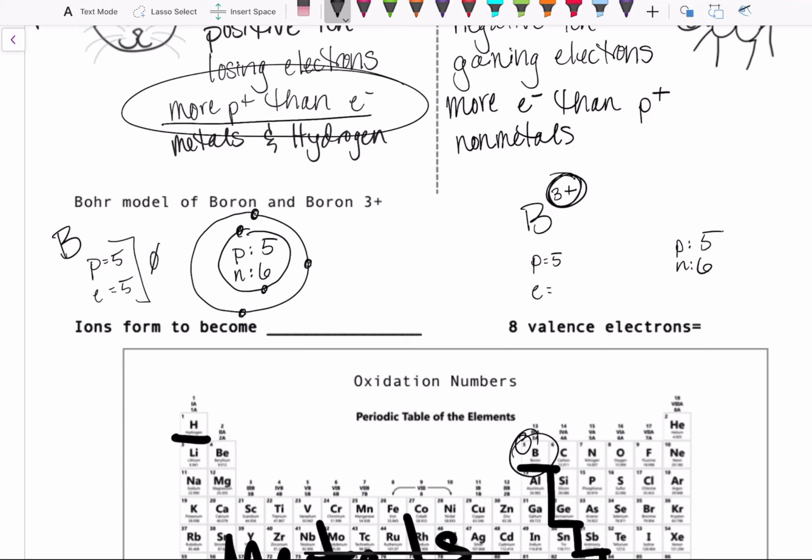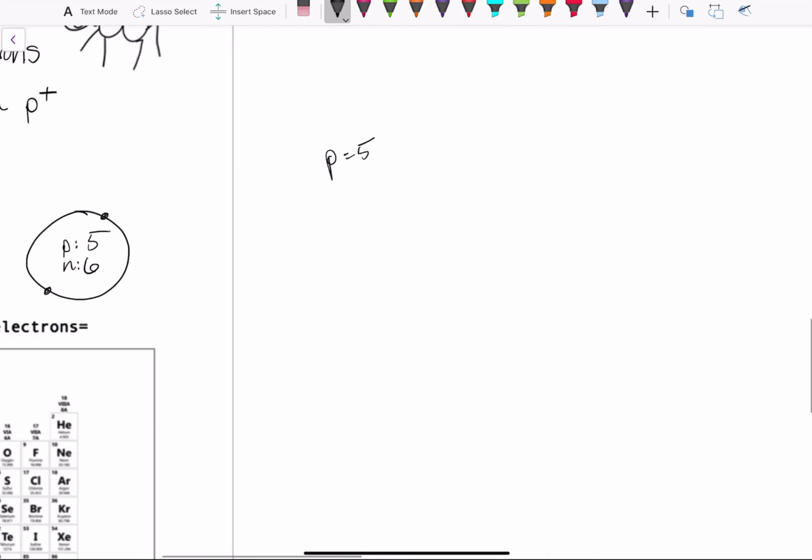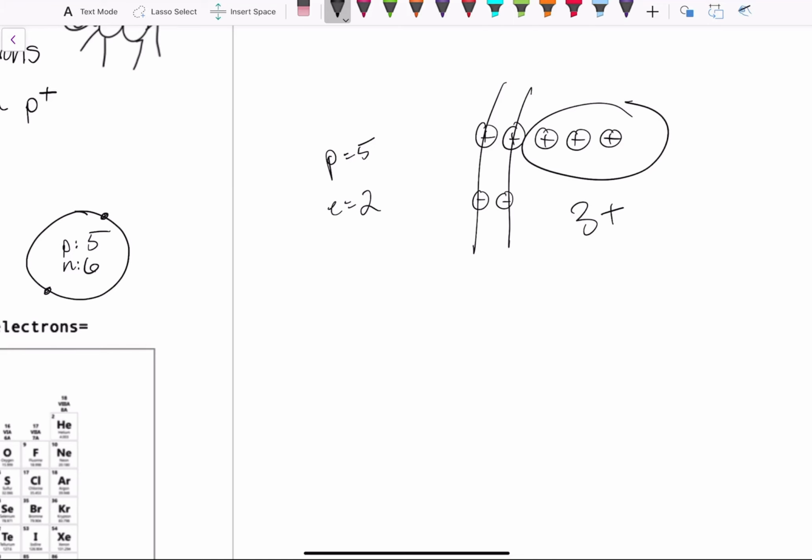That means by 3 more, there's only going to be 2 electrons this time. So this is what boron 3+ looks like. Now our overall charge: if protons are 5 and electrons are 2, you've got 1, 2, 3, 4, 5 protons and only 2 electrons. Those cancel each other out, and here's where we get that 3 positive from.